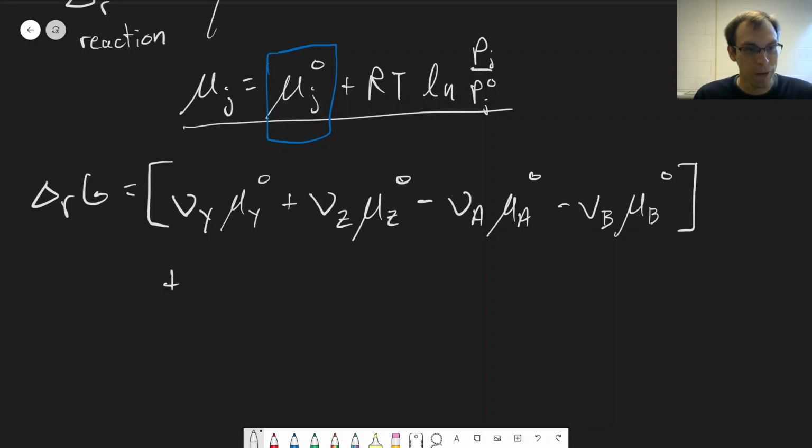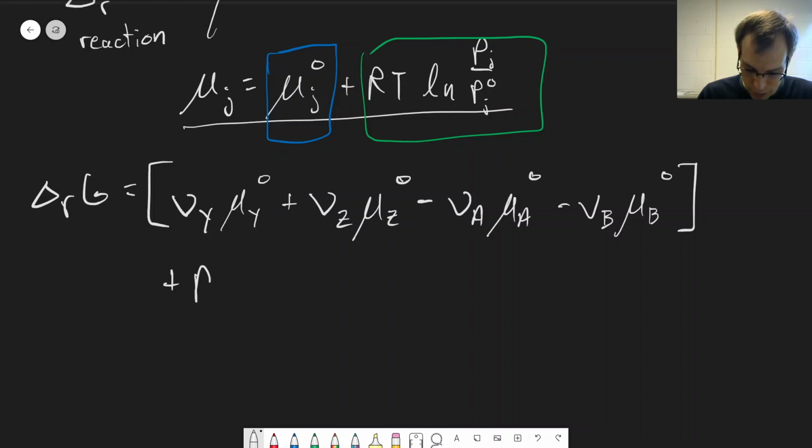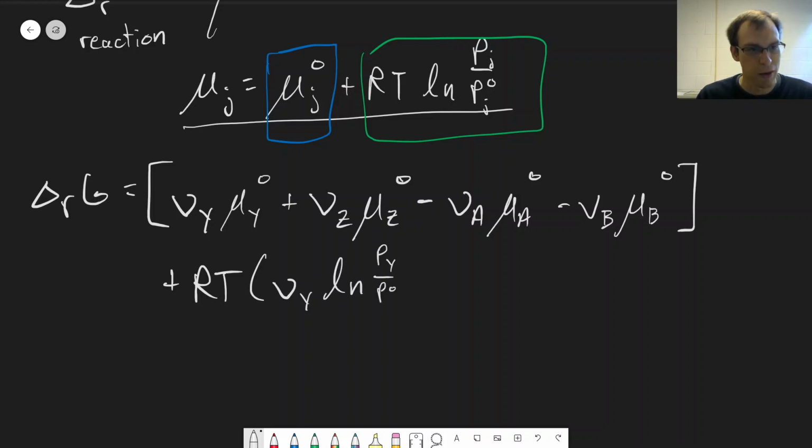They're all constants. They're all just going to be on their own at the front of the equation. And then we'll have all of the RT terms, all of the second terms, right? I'm going to lump these together as well. So we'll have RT times the stoichiometric coefficient for y times natural log of py over p naught. And remember, p naught is the same for all these, 1 bar.